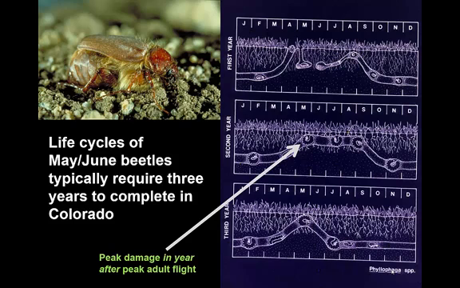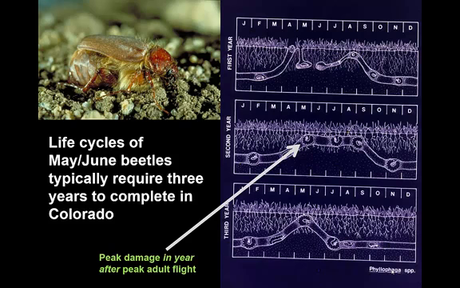And then the larvae will feed for a while, and then when it gets cool, they'll go down below frost line, remain dormant through the winter, resume feeding the second year, feed throughout the growing season, again move down when it gets too cold, finish their life cycle in the third year, move down, pupate, and transform to the adult stage, ready for emergence the following spring.